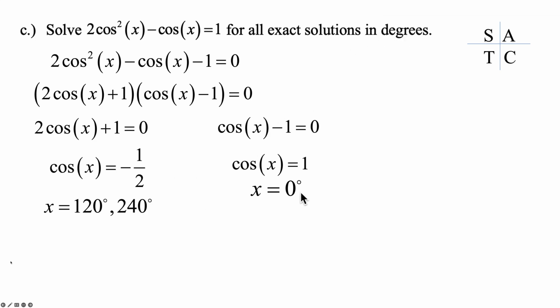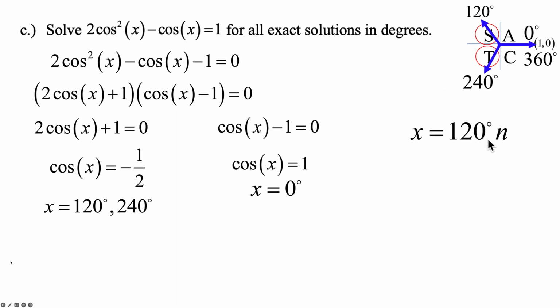But if you were to draw these in here, there's my 0 degrees, there's my 120, there's my 240. I'm going from 0, add 120, add 120, add 120, and I'm back to 360, which is 0. So technically what I can say is my answer is 120 degrees times n. That's going to be my answer. Every multiple of 120 degrees, whether it's positive or negative, is going to give me an answer for my answer.